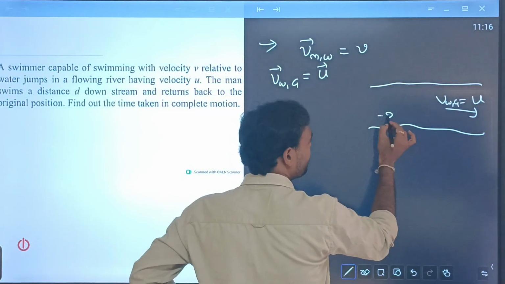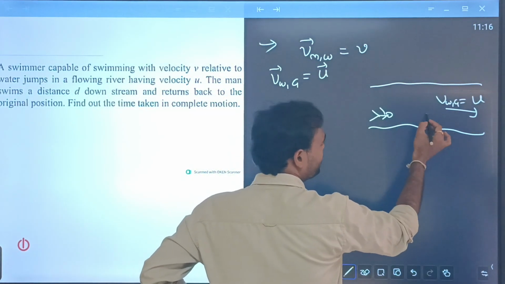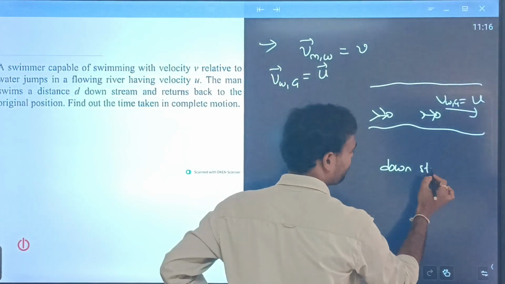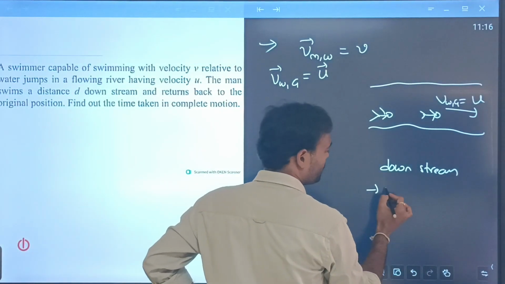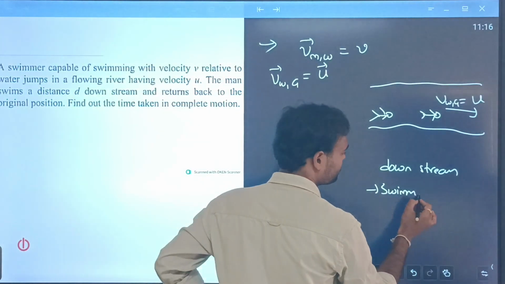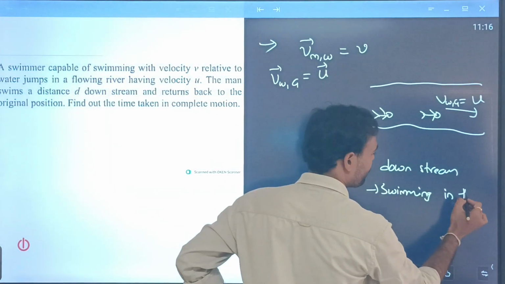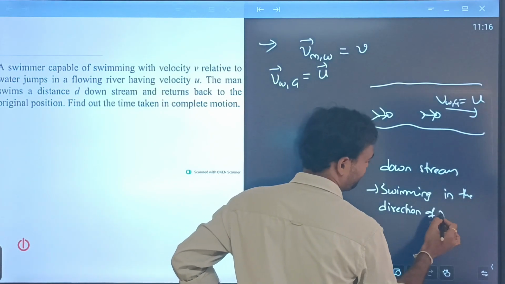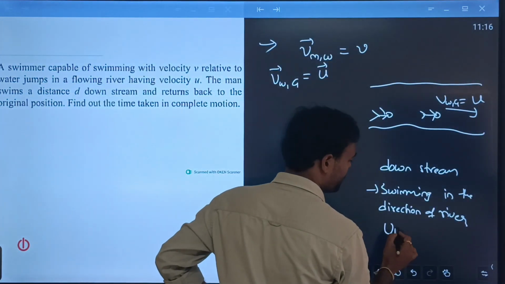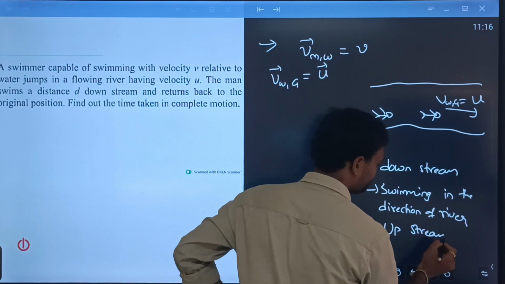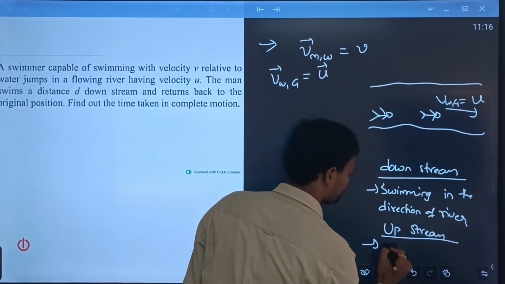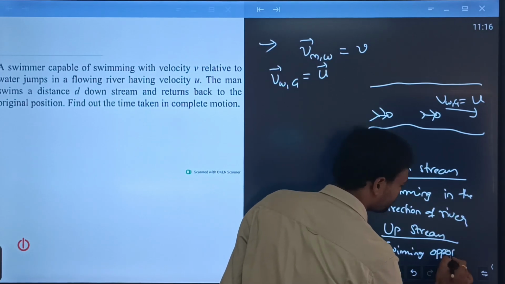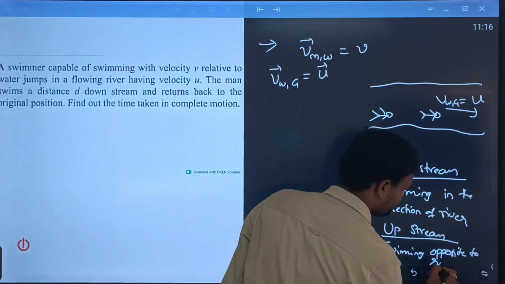That means he starts his journey at this point, and downstream means swimming in the direction of the river, and upstream means swimming opposite to the river.